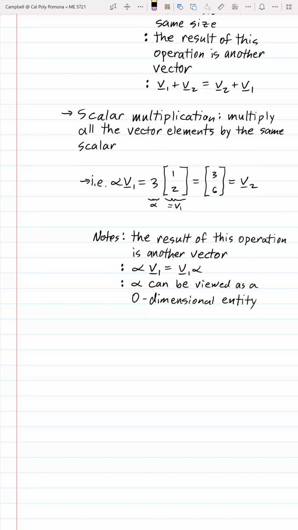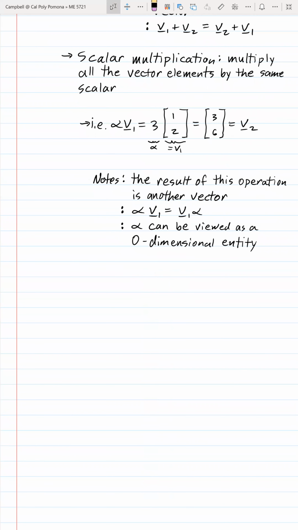So that covered the most straightforward extensions of mathematical operations that we would normally see in algebra to now our vector mathematics here.